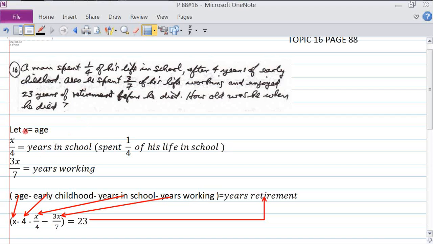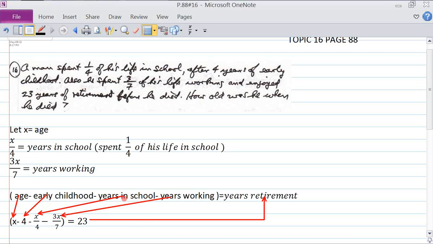was, if we assume that x equals his age, and we take away the early childhood, the years in school, and the years working, we're left with his years in retirement. His age is x, minus 4 because he spent 4 years in childhood.